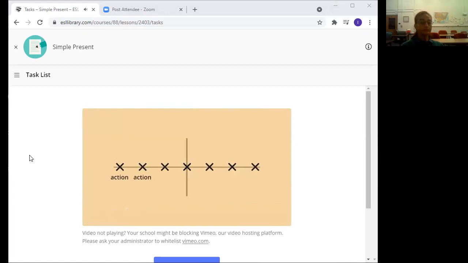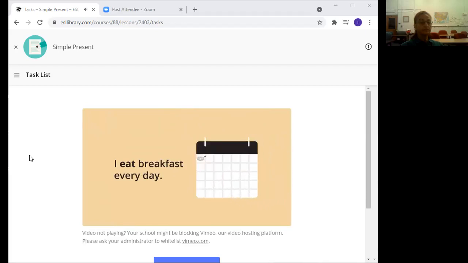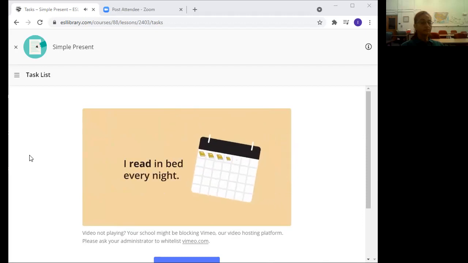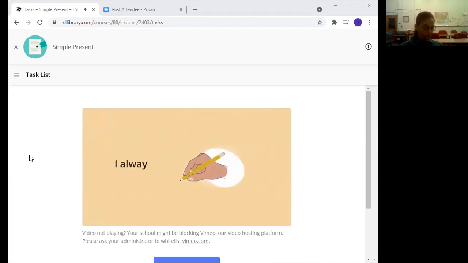Repeated actions happen over and over again. For example, I eat breakfast every day. I read in bed every night. I always study after school.